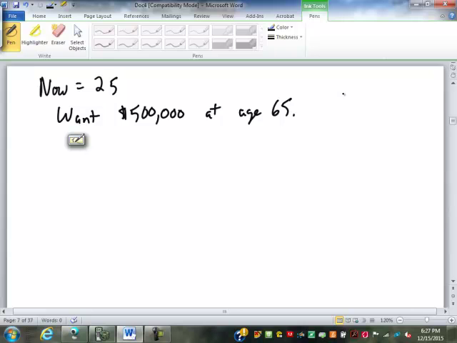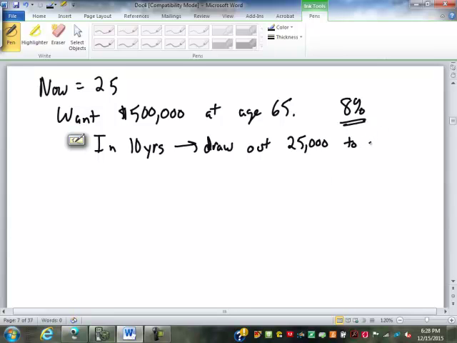We're going to assume we can get 8% on our money. In 10 years, or at age 35, we want to draw out $25,000 to make a down payment on a house.